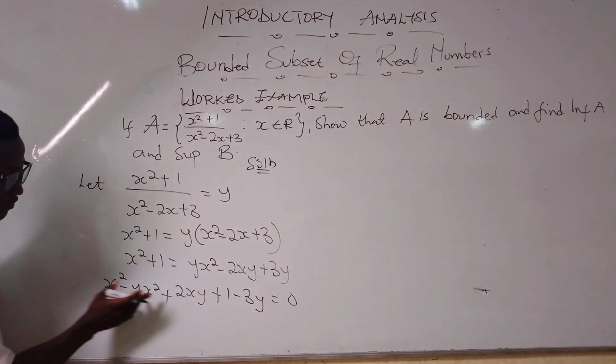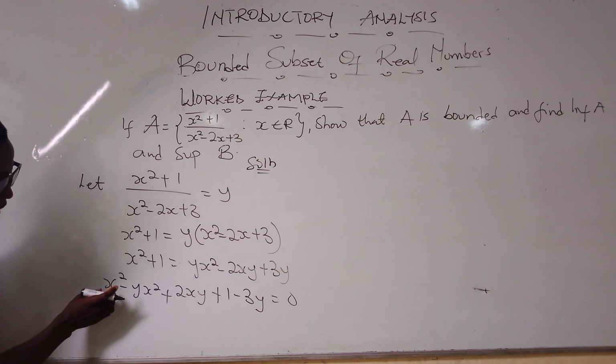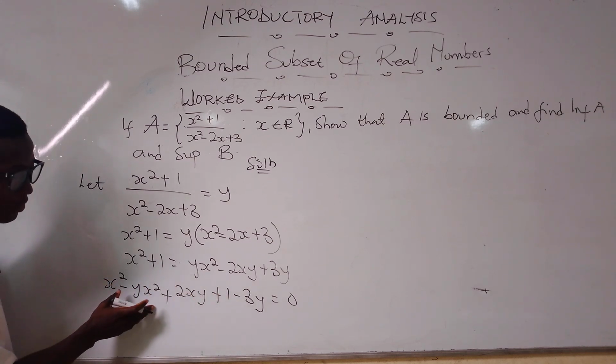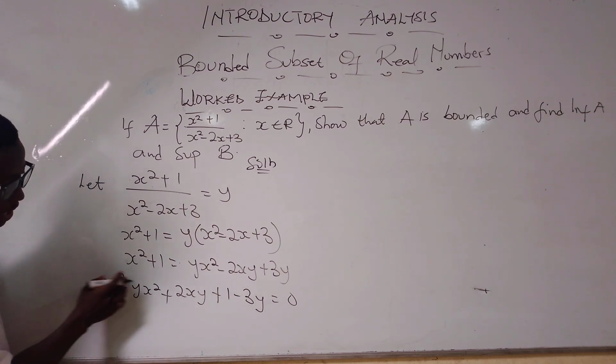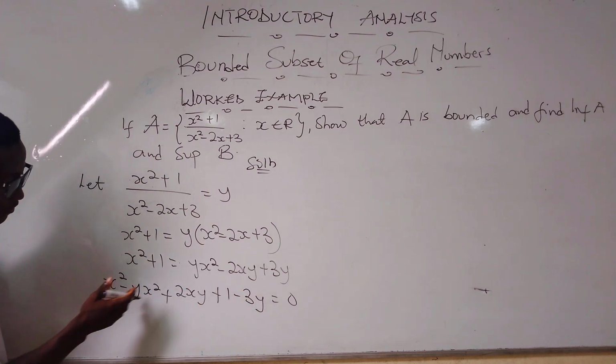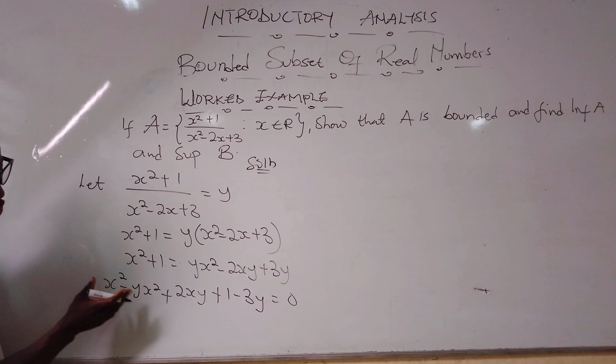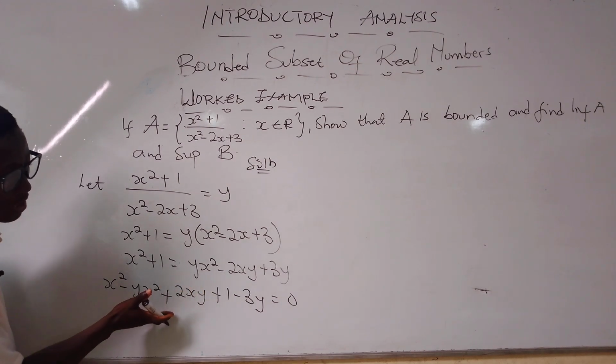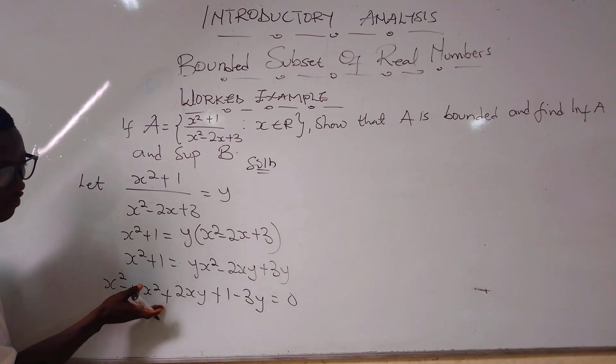Now, looking at the variable x, you can see that it is decreasing in terms of powers. It started from 2 here, 1 here, and here is 0. So I'm going to factorize the variable x, to make this equation look like a quadratic equation in terms of variable x.